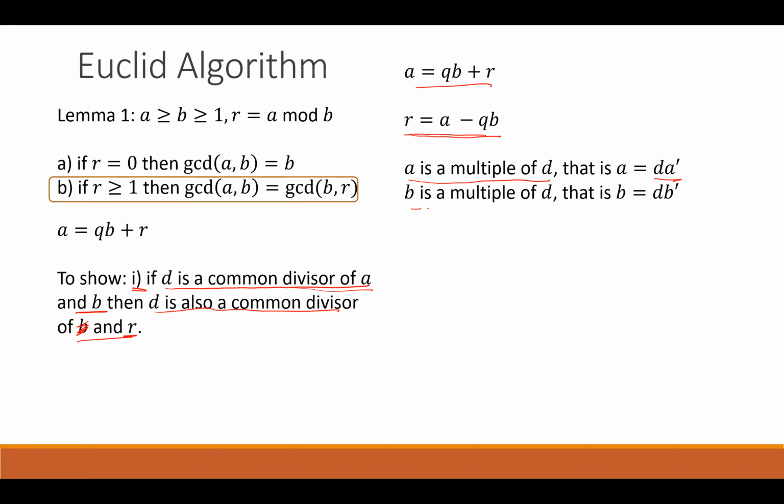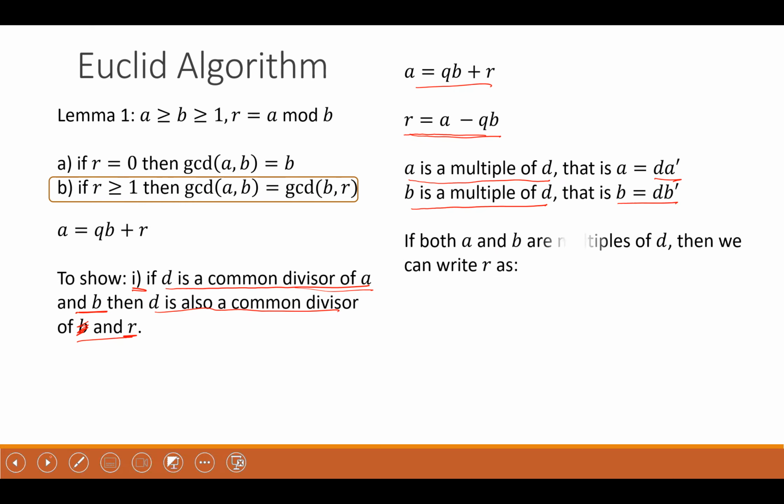Also, D is a divisor of B, so I can write B as D times some number B prime.